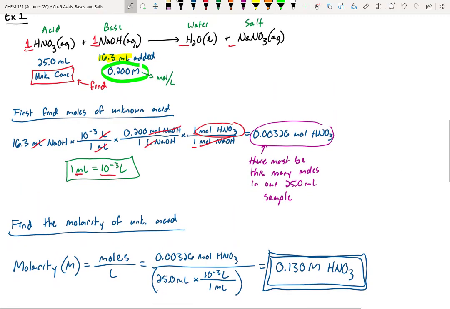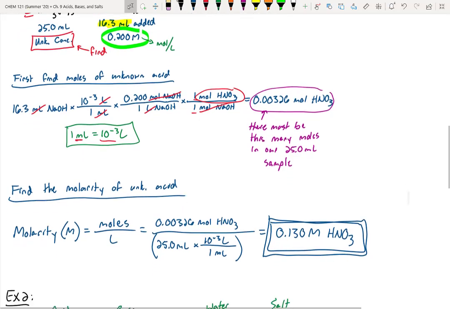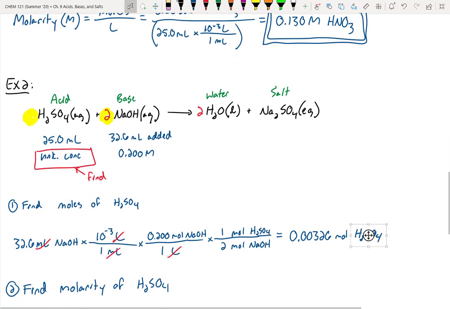So you see how in example 1, we added 16.3 milliliters of sodium hydroxide, where in example 2, we had to add 32.6. Well, this all of a sudden makes sense, right? Because we had to add twice as much because sulfuric acid is a diprotic acid. Means we need twice as much base to soak up twice as many protons, right?